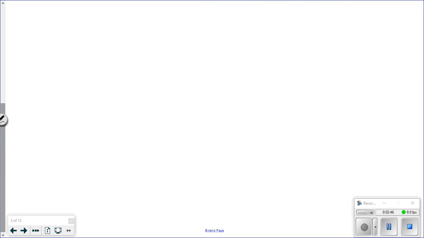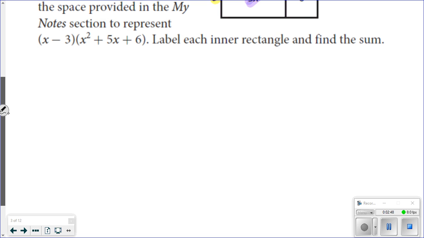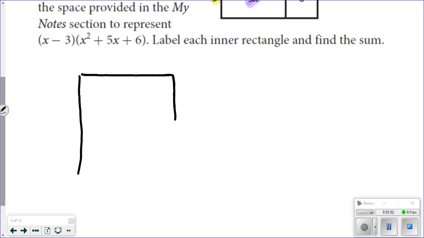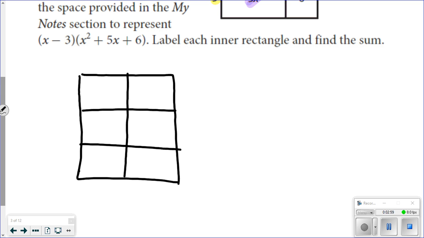I am going to do mine just like the book did, just to provide you with some consistency. So x minus 3, x squared, 5x, and 6. Now, I want you to go and multiply these and fill in each box here. You can do it.